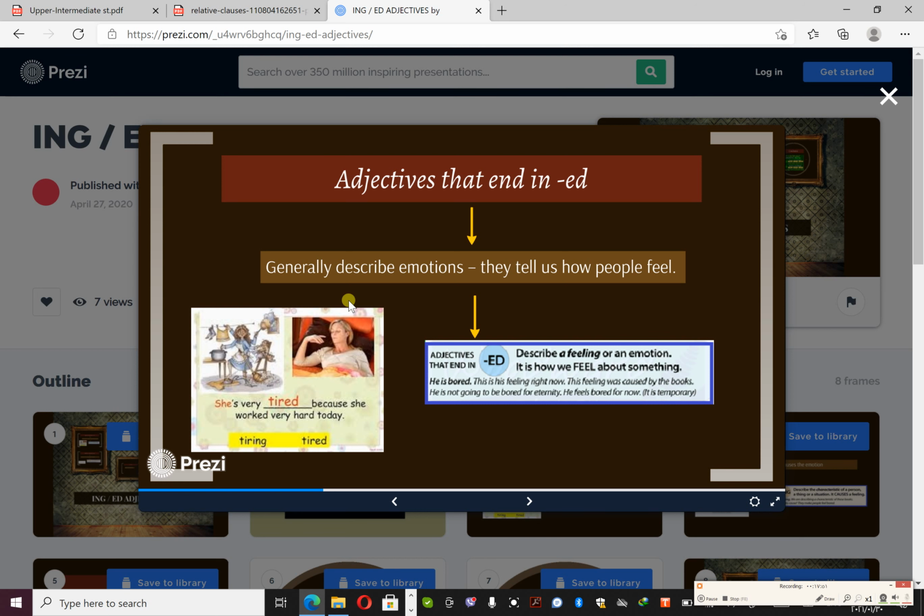The person is not the influencer, but is influenced by something. For example, if I say, she is very tired, she's very tired because she worked very hard. Here I cannot use -ing, because it just describes how she feels. So when we have adjectives that describe emotion, we use -ed.